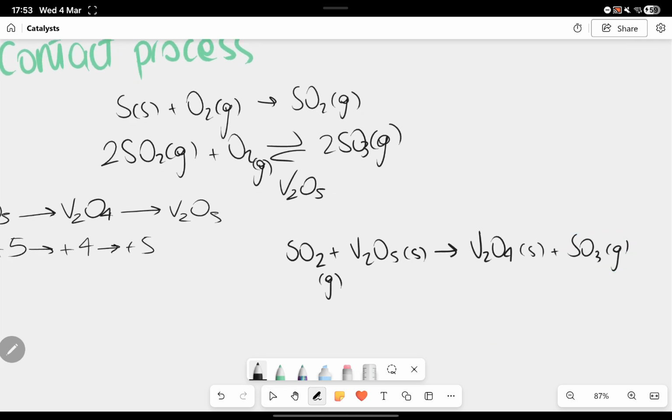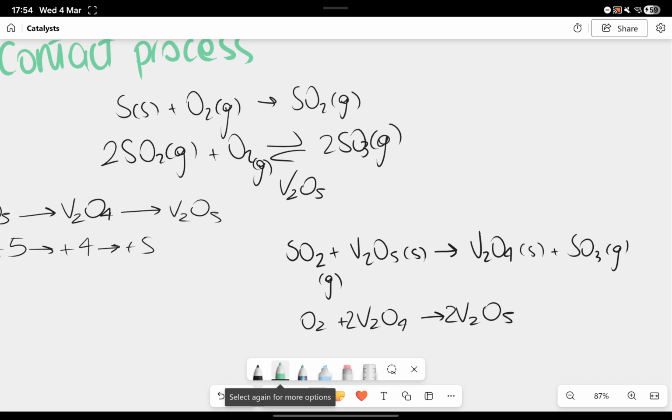And then, of course, the second step is the regeneration of the catalyst. If we know that in our overall equation we have oxygen, well, where is oxygen in these steps? This is what it's reacting with the catalyst to reform V2O5. Yeah? We can balance it with two of those or with half of the oxygen.